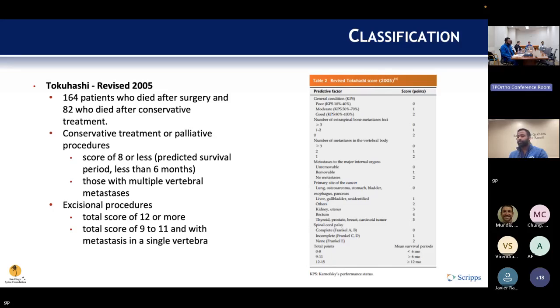This shifted the overall score, also gave us a bit more granularity and a better predictive value based on the primary tumor that was involved.